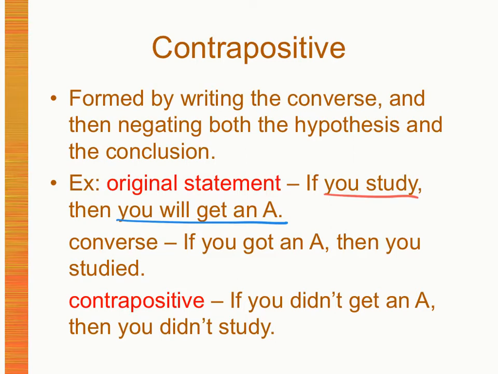We have to negate it and flip it. So first we're going to flip it and write the converse. So if you got an A, then you studied, and then we take that converse and then we negate it and it becomes the contrapositive. So if you didn't get an A, then you didn't study.